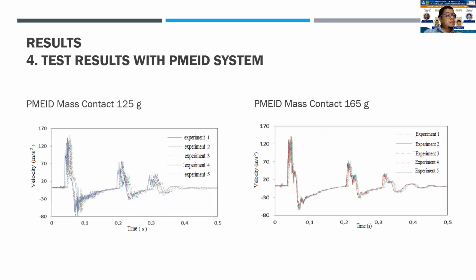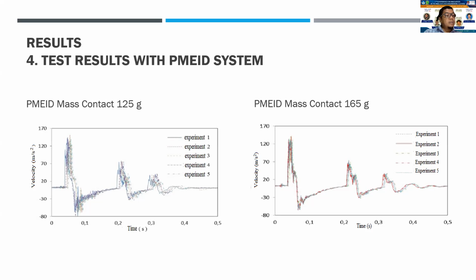For the test result with the PMID system, with PMID mass contact 125 gram, the mean of the maximum acceleration amplitude is 144.9 meter per second squared.